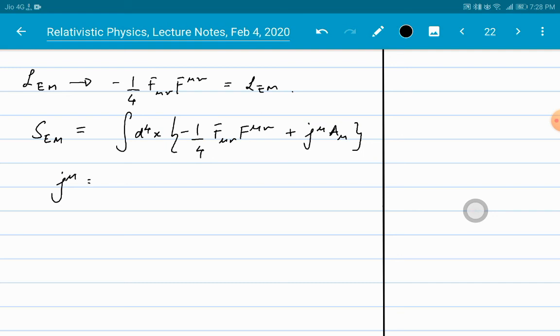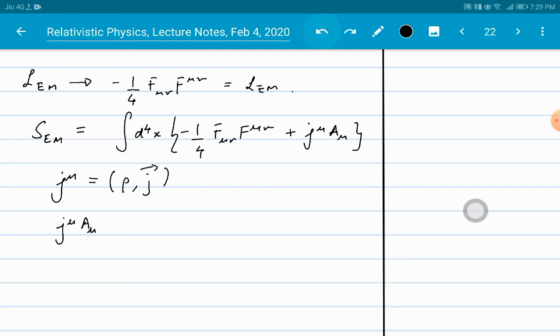And what is J mu? J mu is the current density 4 vector. So it's gamma rho comma rho j. I think I'm missing a factor of c somewhere, but anyway, this is the current 4 vector, and this coupling makes sense, right?